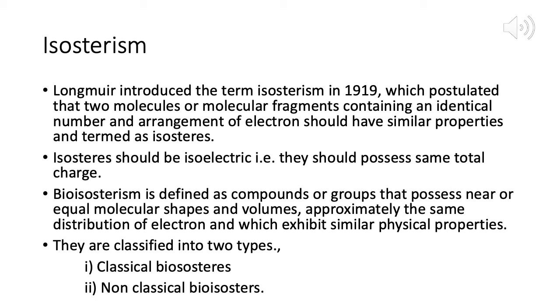Isosteres should be isoelectric, so they possess the same total charge. Bioisosterism is defined as compounds or groups that possess near or equal molecular shapes or volumes, approximately the same distribution of electrons, which exhibit similar physical properties. They are classed into two types: classical bioisosteres and non-classical bioisosteres.